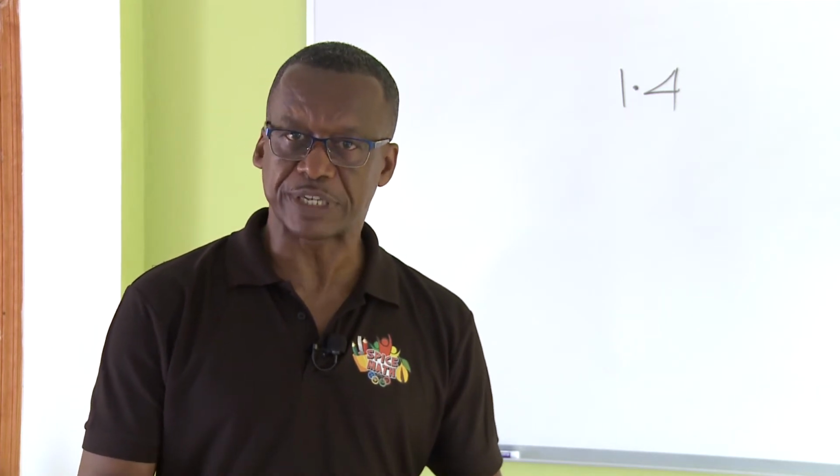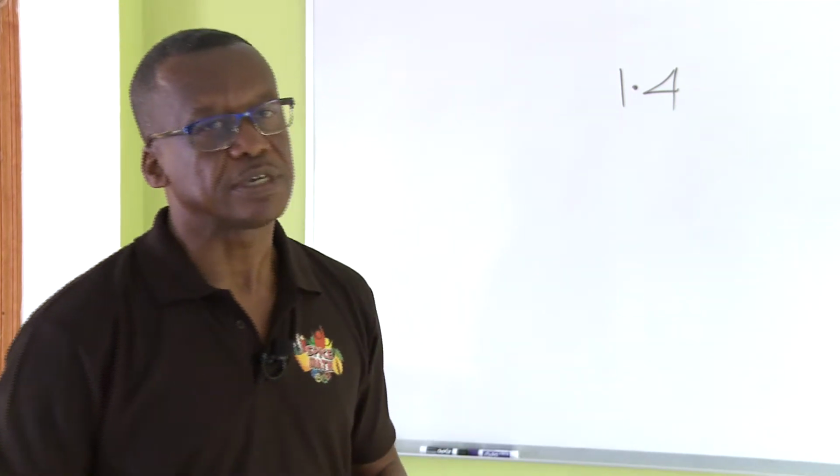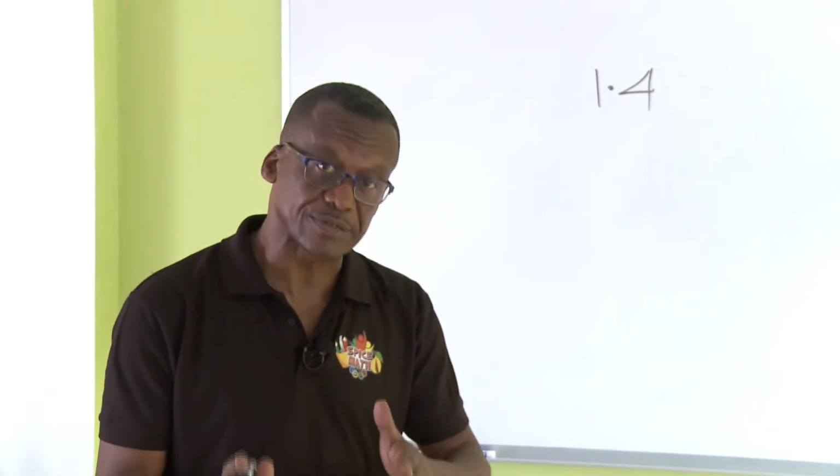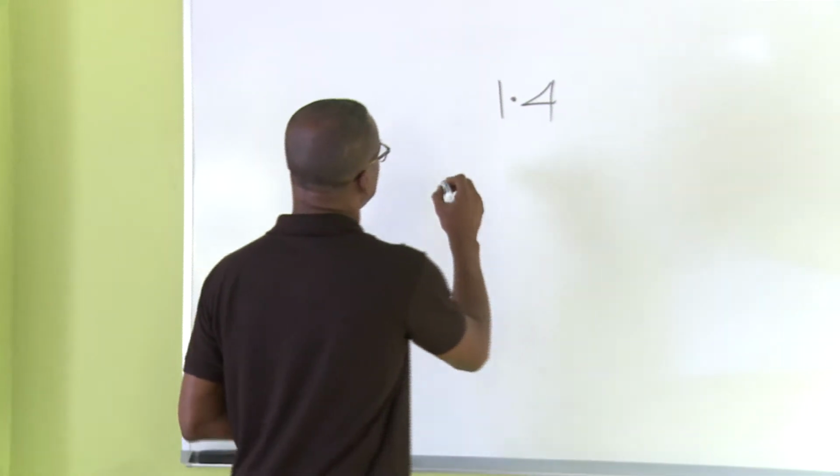So the decimal point is written before the numerator. The number on the board happens to mix a whole number and a decimal fraction. In today's lesson, we want to look at those that are fractions only.